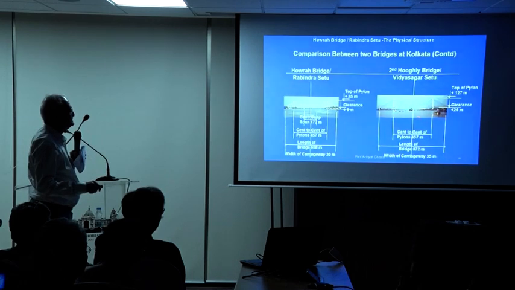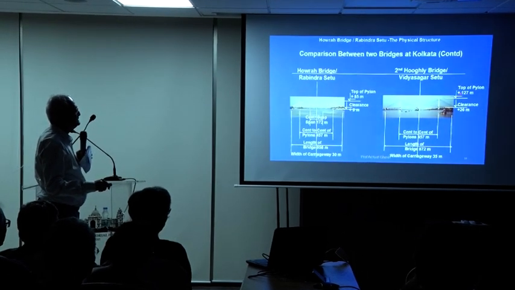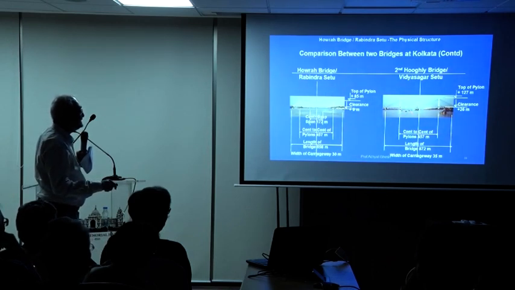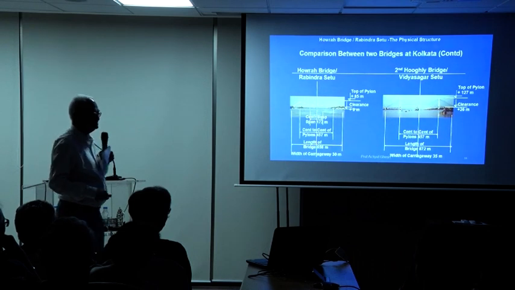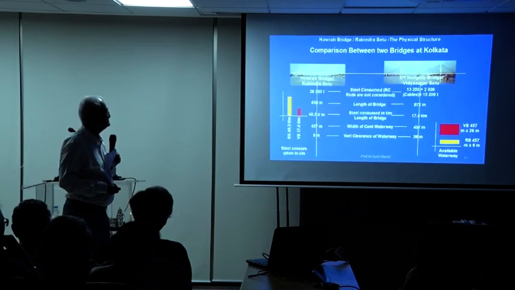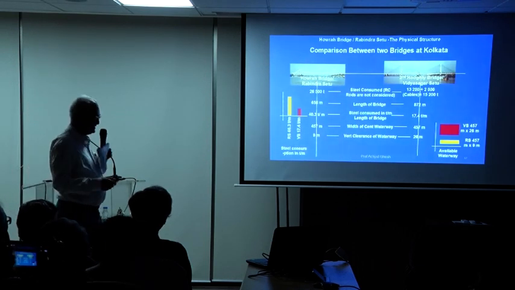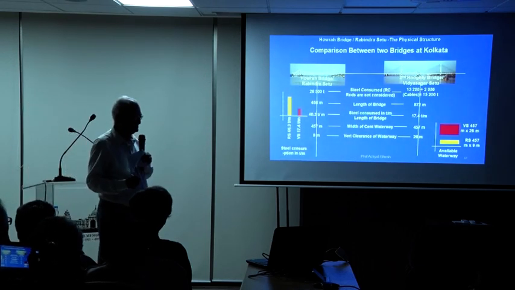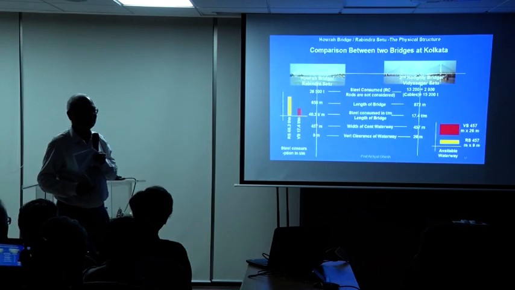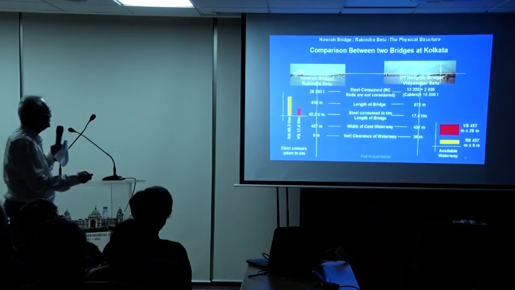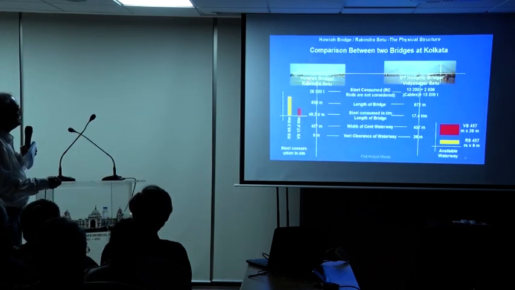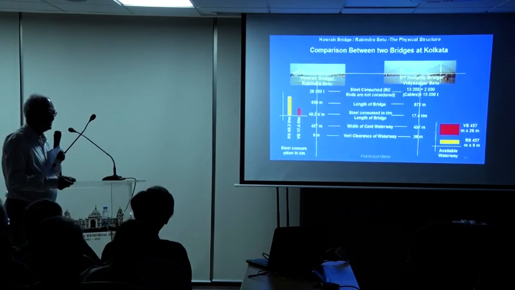This is the top part. This is 127 meter and this is 85 meter. And the clearance, very important, this is 26 meter and this is hardly 9 meter. Now, why will not use this kind of bridge? Well, Rabindranath said, প্রয়োজনের অতিরিক্তেই সৌন্দর্যের বিকাশ. So, সৌন্দর্য was there, beauty was there, but this is more than what is needed.